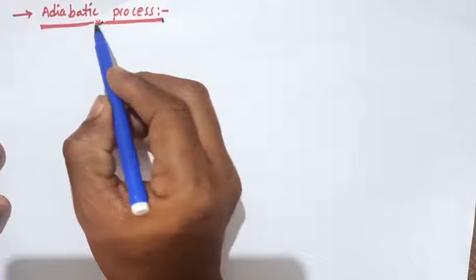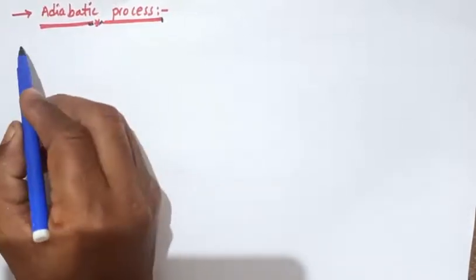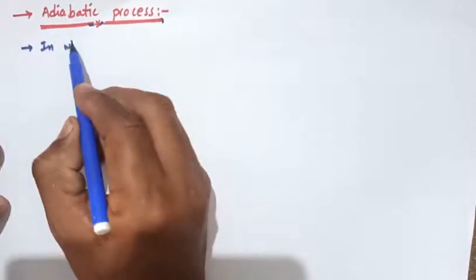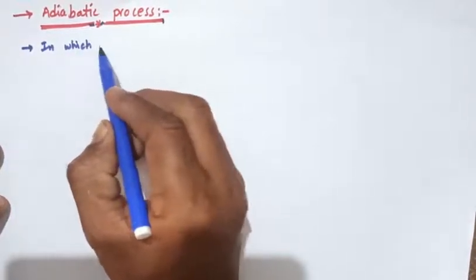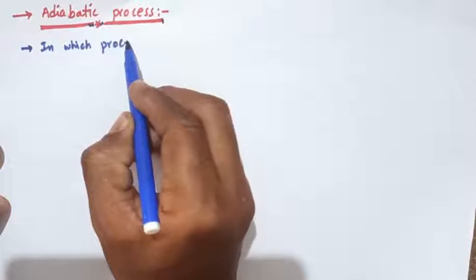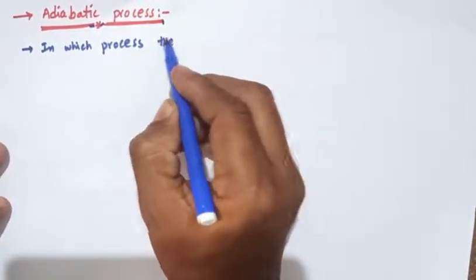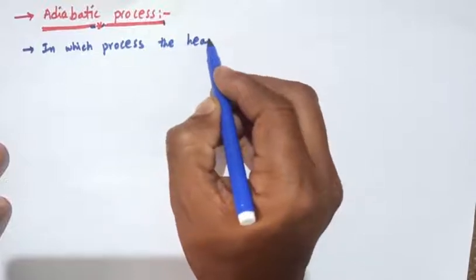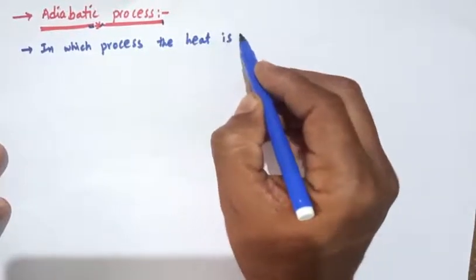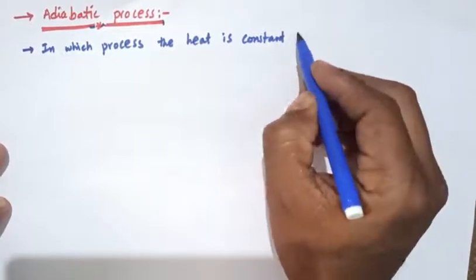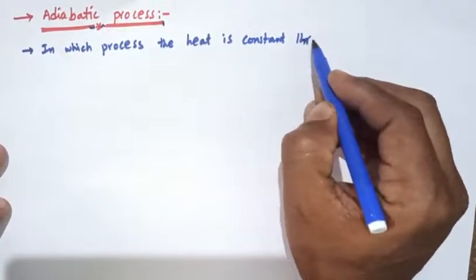In which process is the heat constant throughout the process? It is called the adiabatic process. In this process only the heat is constant.